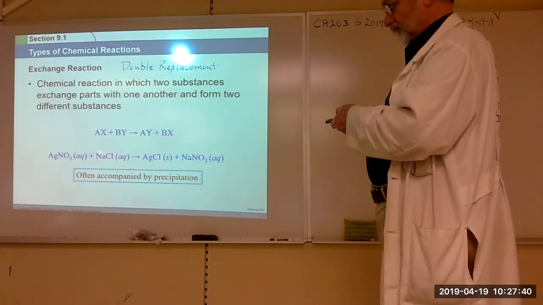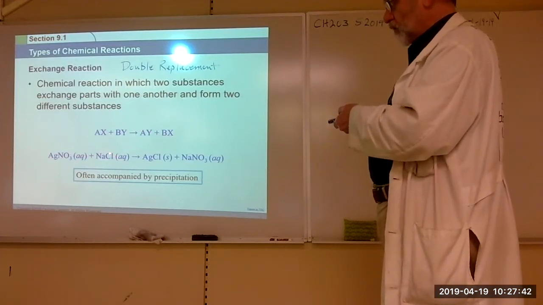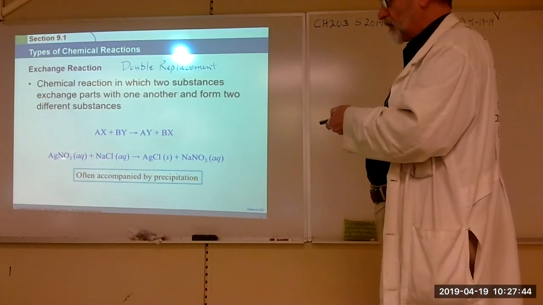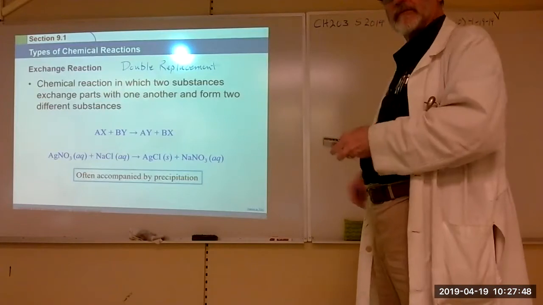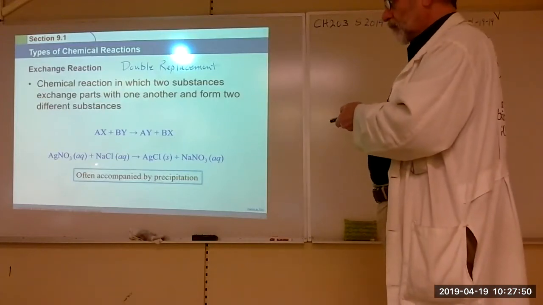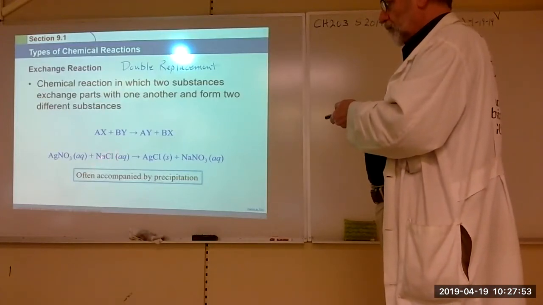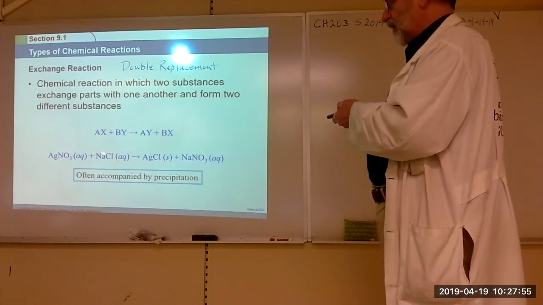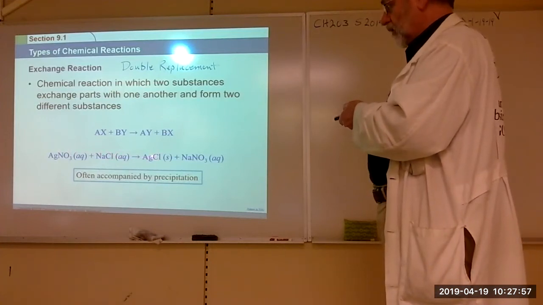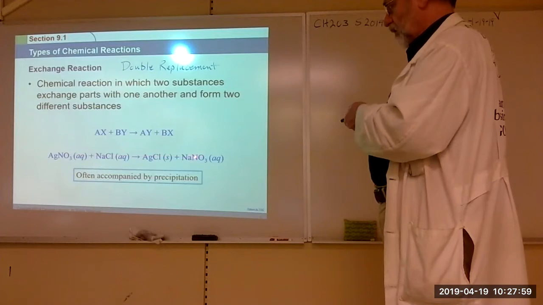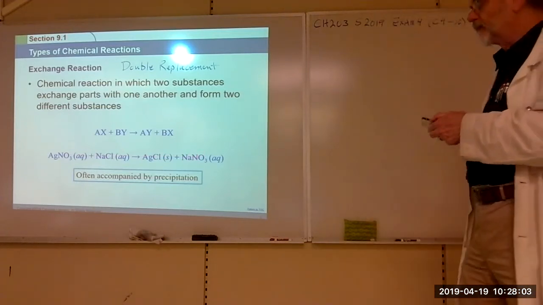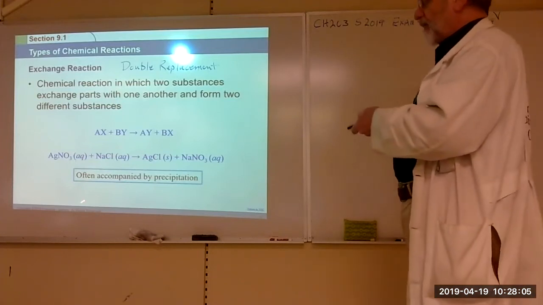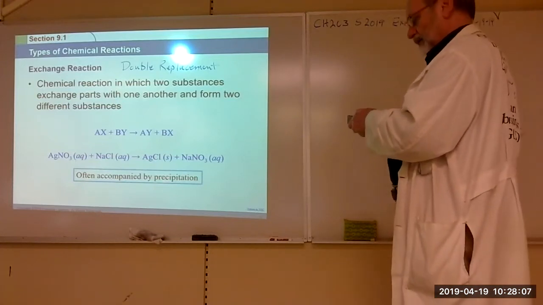So in their scenario, we would swap chlorine with the nitrate. Because nitrate is a polyatomic ion, it acts as a unit. The chlorine and the nitrate, we just swap places. So now we have the chlorine with the silver and the nitrate with the sodium. Double replacement. I've made comments down here, but we'll talk about those as we get to them.